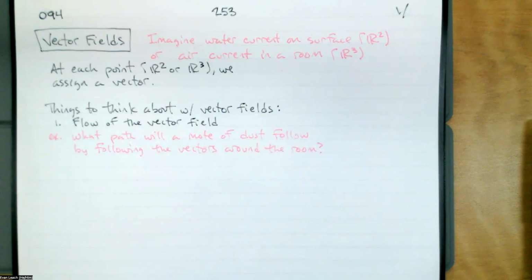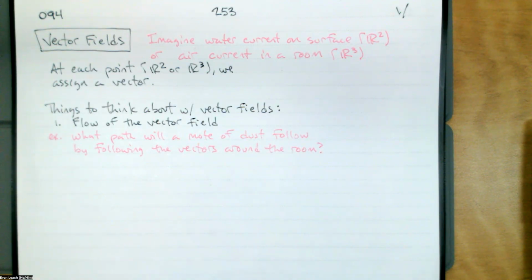But a mote of dust by the vent is going to go directly down because the air is pushing it directly down. And then it'll slow down as it gets farther away from the vent. And we can imagine just a little dotted line, a little path as the dust flies around the room.